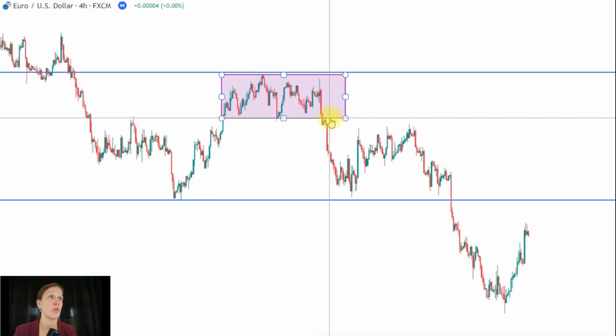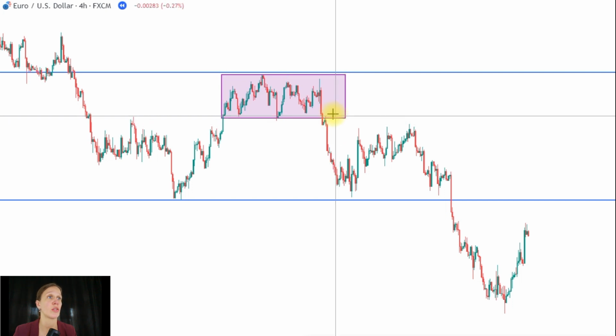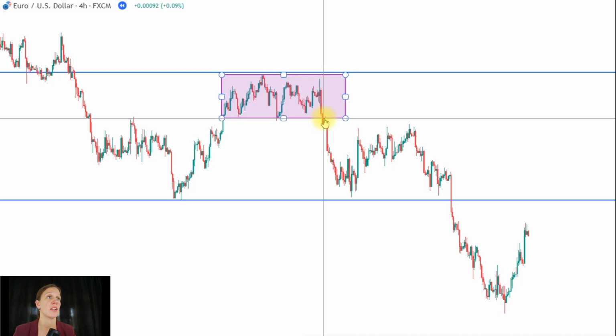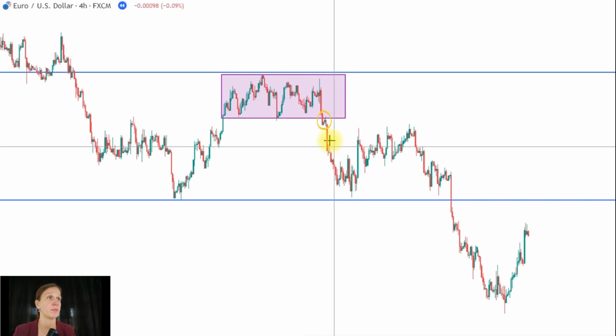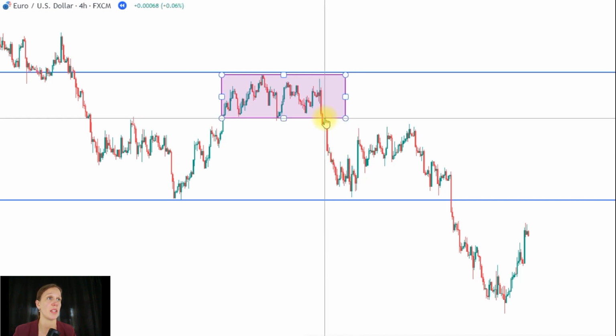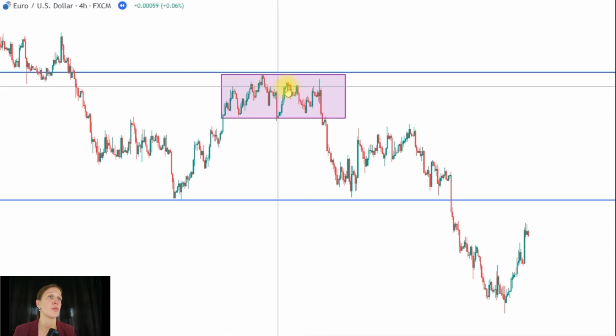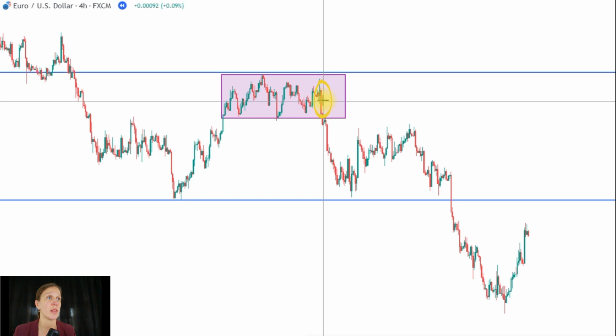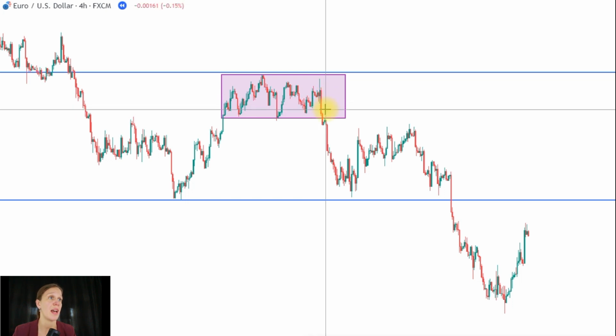Who loves to trade breakouts could use this area as an entry point as well, when the market leaves this area to the bottom, and use this as entry. And also we see here that the market pulls back from this level with momentum, with a momentum candle. So this could also be used as entry.